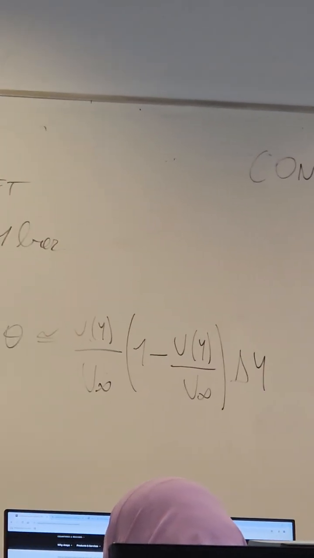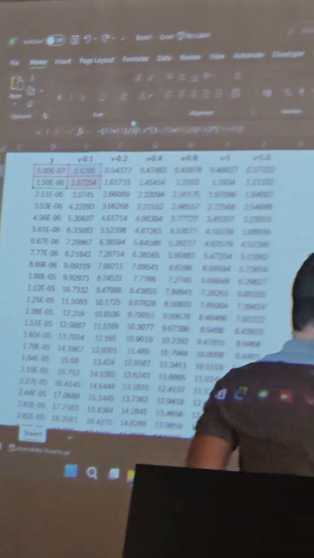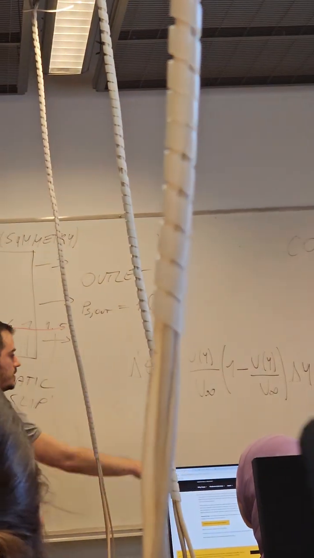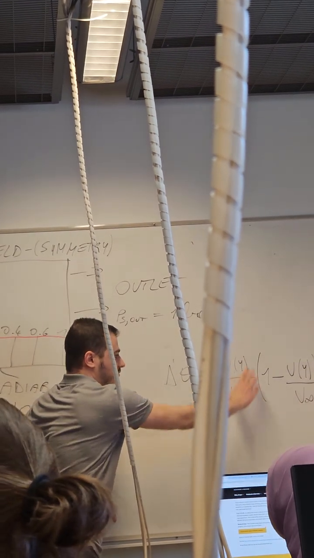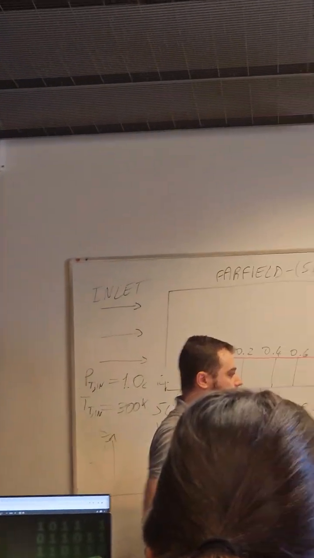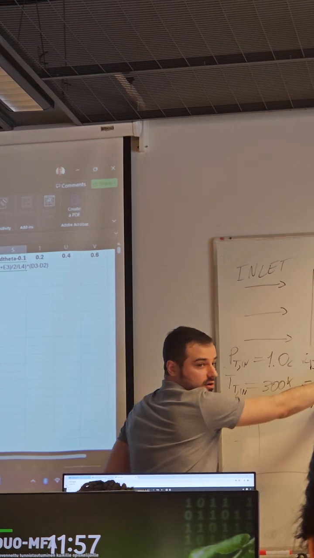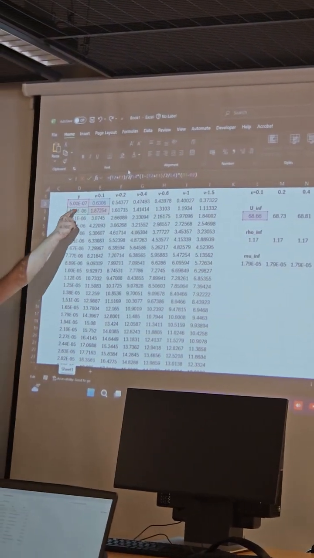And then 1 minus the same. So u function of y, so again the average, over here. So I'm copying that formula and pasting in there. And then delta y, it's the y value over here minus the y value over here. So the higher y minus the lower y.